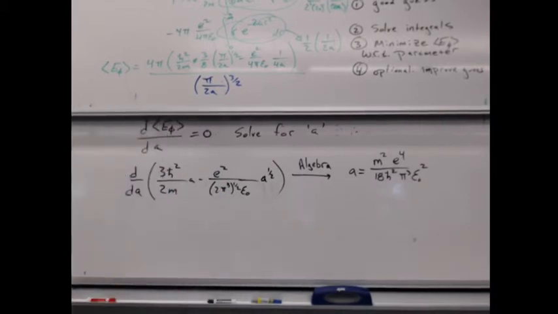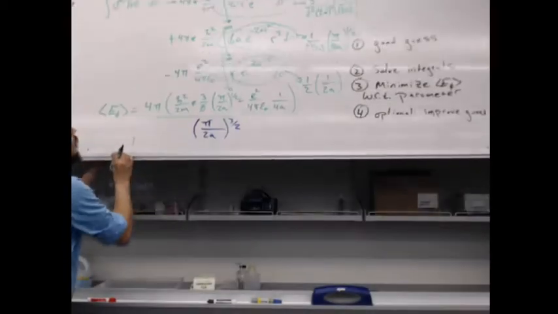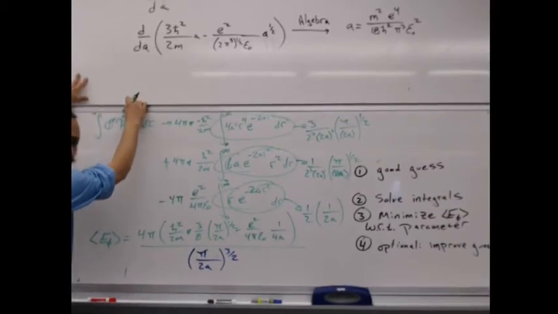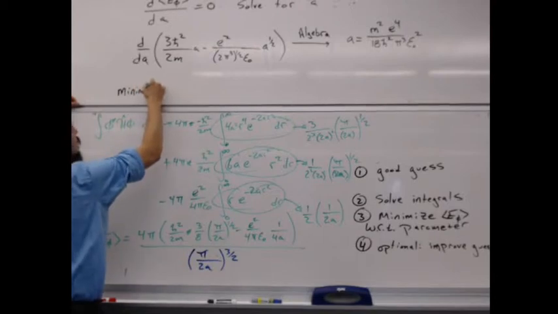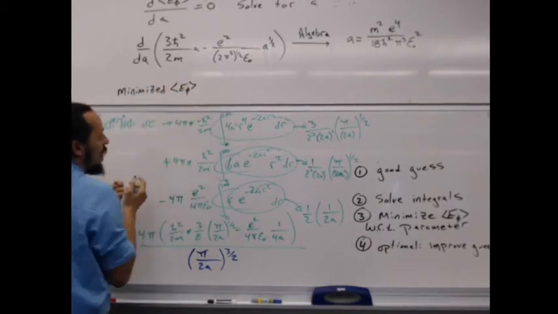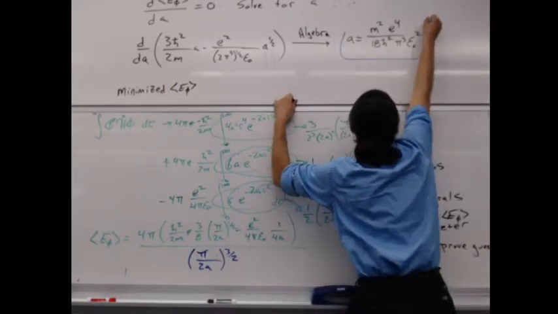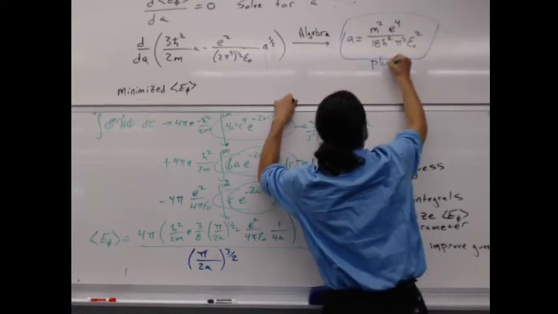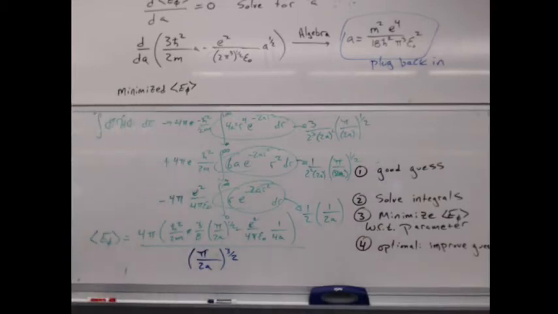Now this is the a that minimizes our energy. If I want to get my minimized energy, I'm going to take this a that I just solved for and plug it back in.